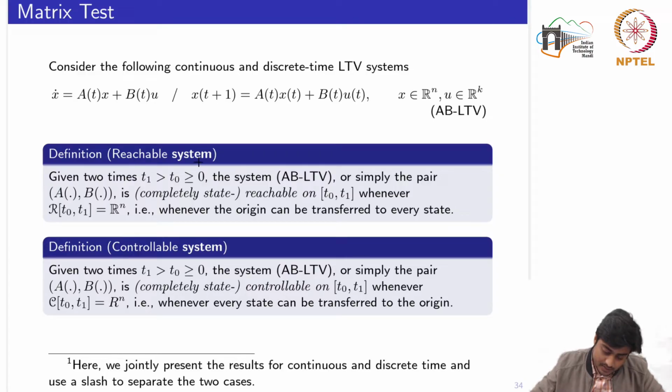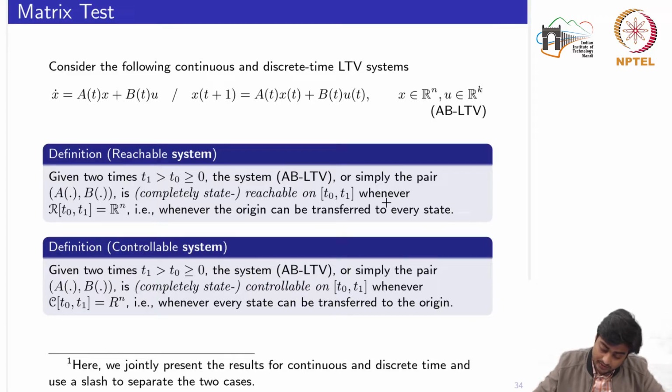So talking about the reachable systems, given two times t1 greater than t0, now we are formalizing all those subspaces in terms of the systems. The system, or simply the pair AB, is completely state reachable on this time interval t0 to t1 whenever the origin can be transferred to every state.